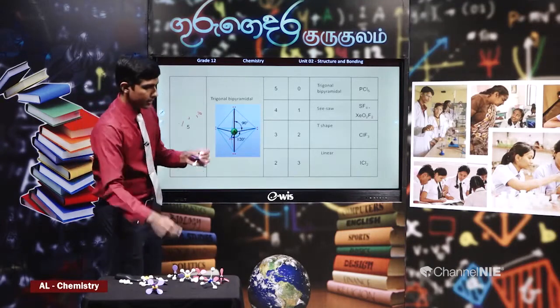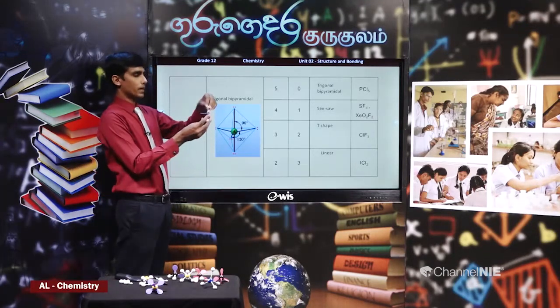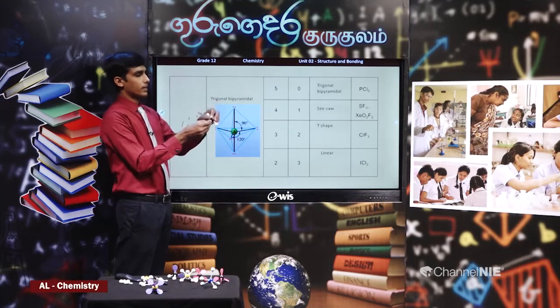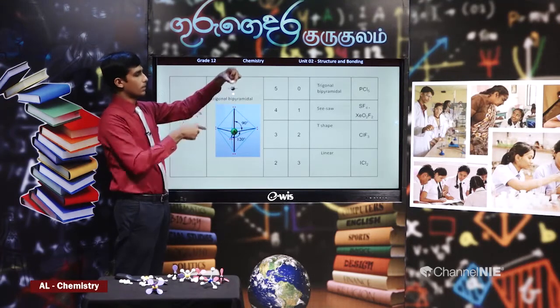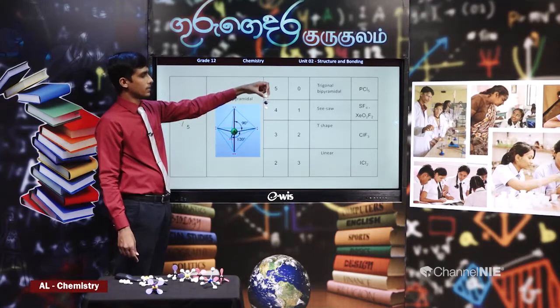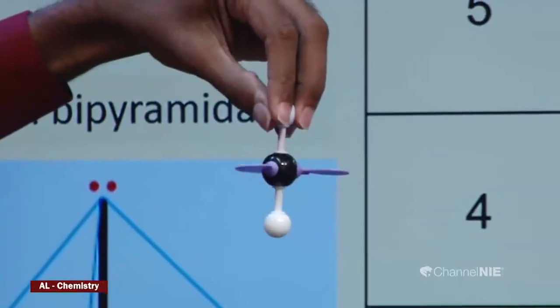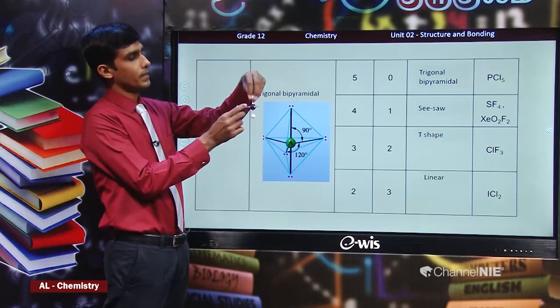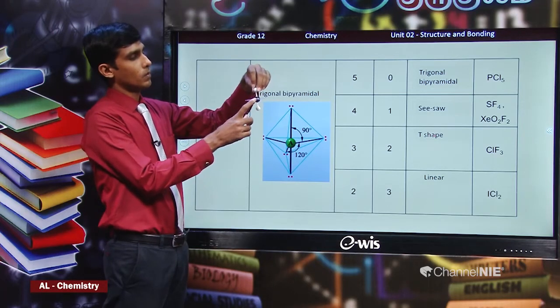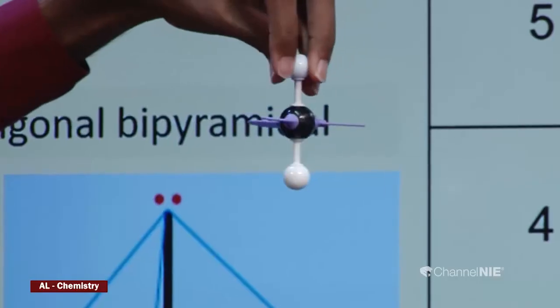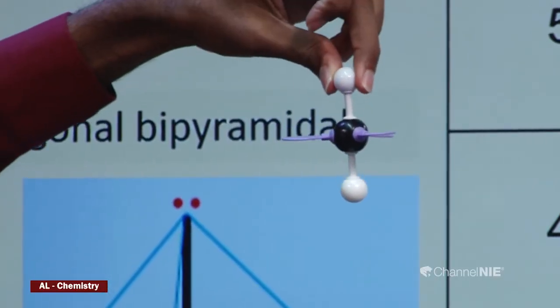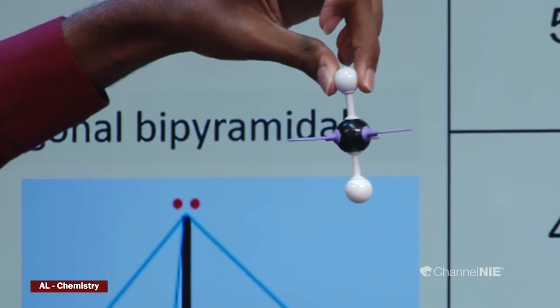When there are 3 lone pairs, those 3 lone pairs will be in the equatorial plane. In the axial plane, there will be 2 bonding pairs. That is the best arrangement that they can have, because then all 3 lone pairs will be separated by the same angle, and that angle is fairly high. That means they are further away from each other.